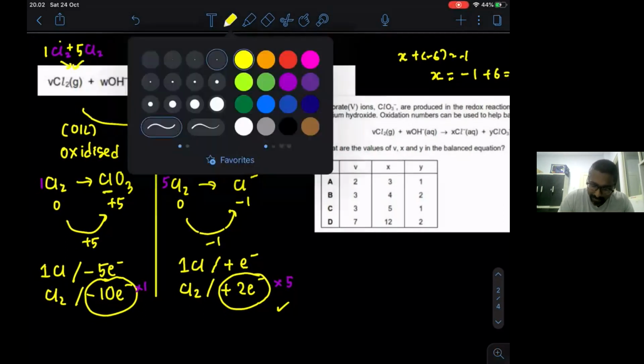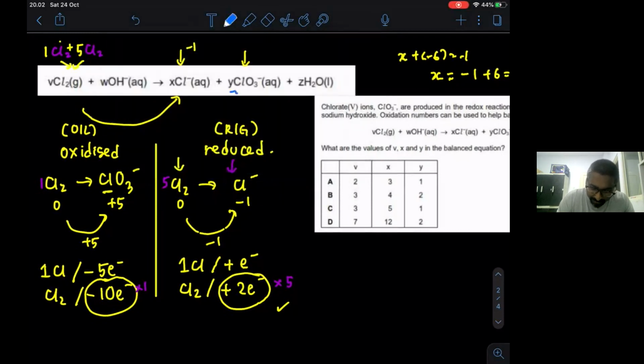So what we need to do is try to balance. If you have one Cl2, you must have the number 2 there. So this Y most likely is going to be 2. I just put 2 there. And here, this one is going to be 5 Cl2, which is going to give you the Cl minus.